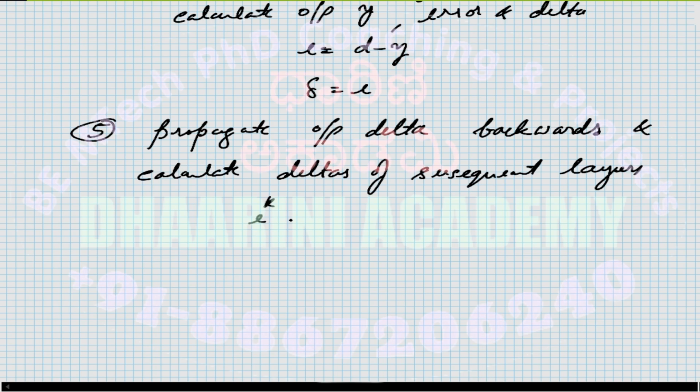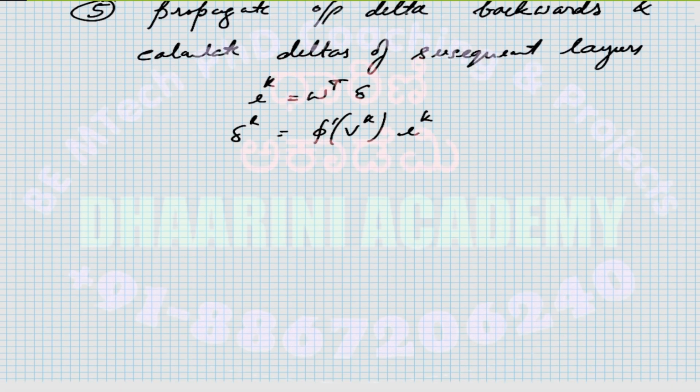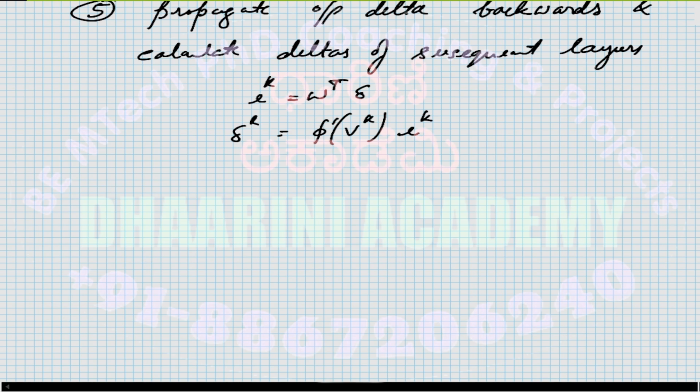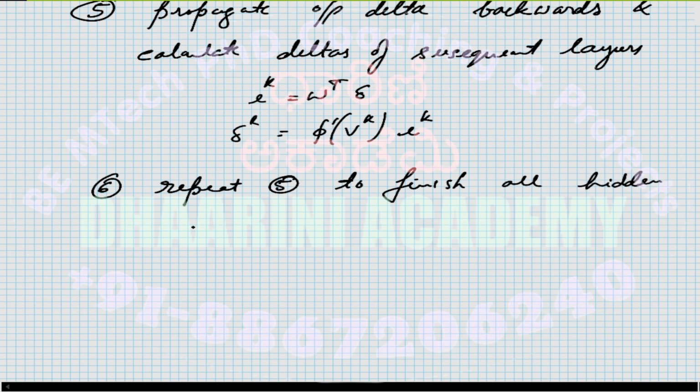E_k is equal to W transpose into the delta. Then the delta of the kth layer is simply phi dash of V_k into E_k. This step number 5 has to be repeated until you finish all the hidden layers.